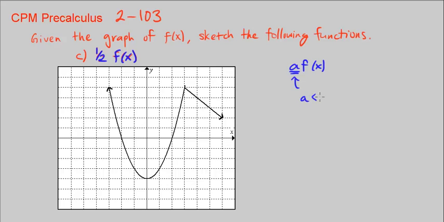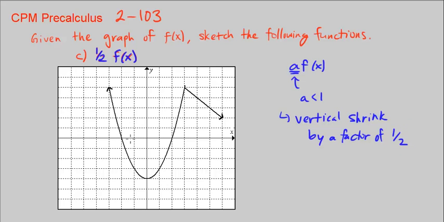If a is less than 1, then we know that it is a vertical shrink by a factor of 1/2. Okay, so vertical means we take every y value, right? Vertical is the y values, and we multiply it by 1/2.